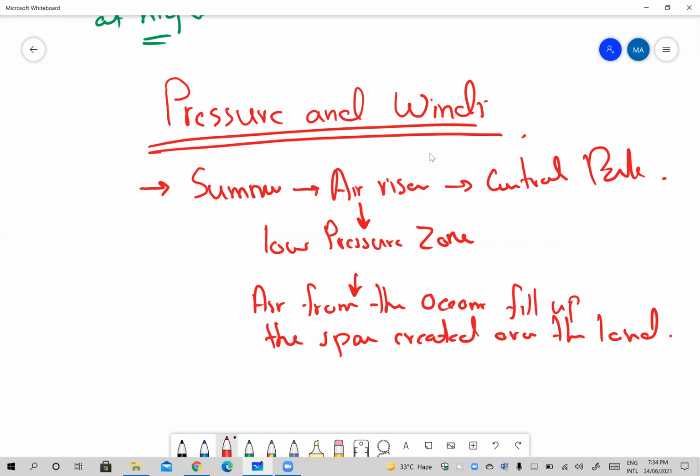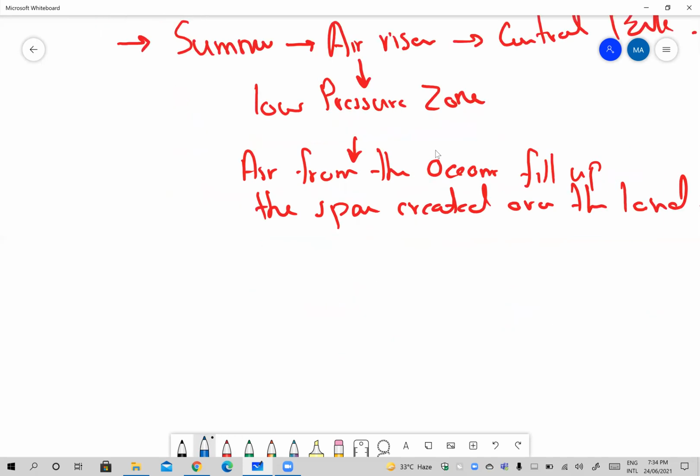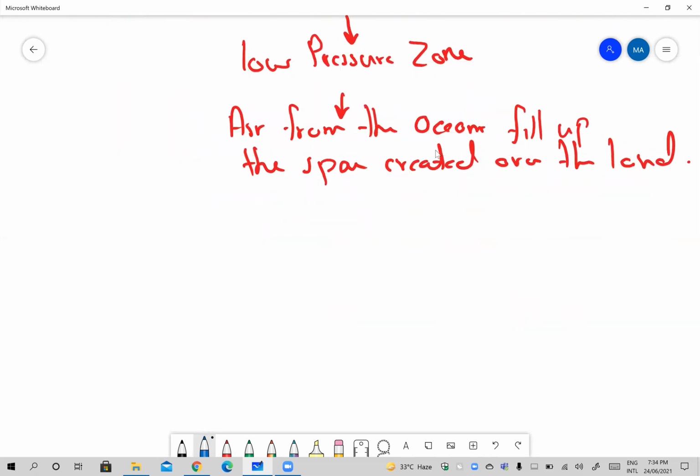And this is how the winds travel from one area to the other. There's a difference of pressure, and the difference of pressure is basically covered through these winds. Let's say, for example, this is the part of the land, let's just mark it with red, where the air rises up.